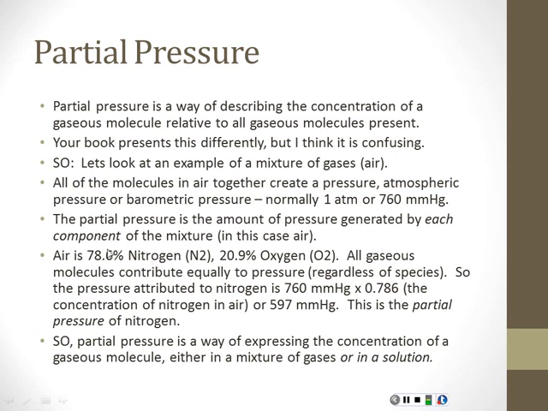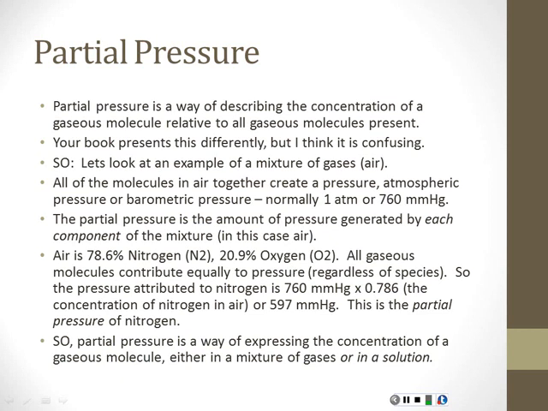All right, so if air is 78.6% nitrogen and 20.9% oxygen, that we can measure. So what are the partial pressures? Well, a partial pressure is the amount of pressure exerted by one gas in a mixture. We can look at the pressure that nitrogen makes, and the pressure that oxygen makes, and each one of those would be a partial pressure.